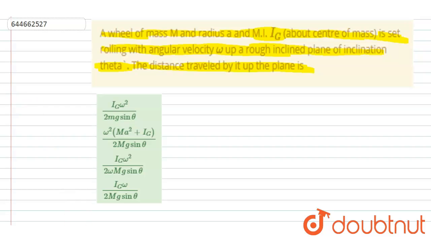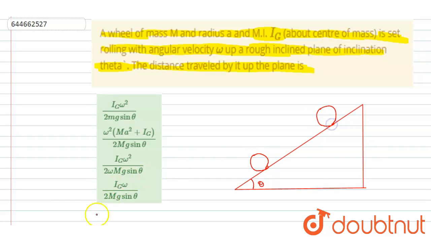So if I draw the inclined plane, let's say this is the inclined plane, and on this inclined plane a wheel is set into rotation. So if you see, this angle is theta, and on this a wheel is set into rotation. Let's say it goes up by a distance of s0.